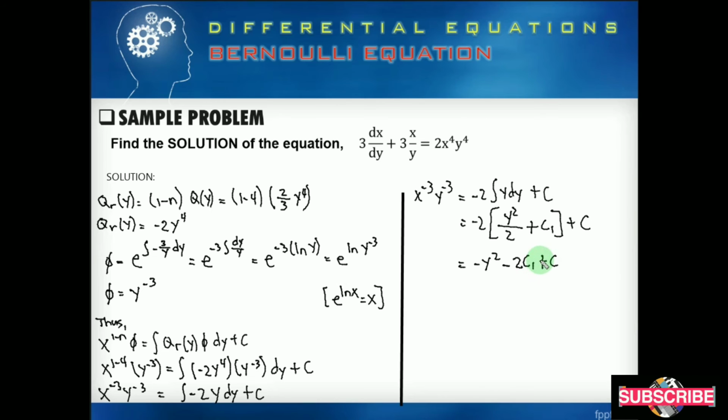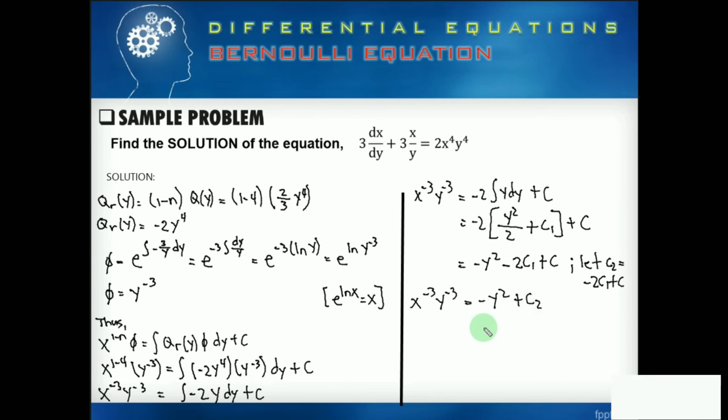Okay, so mag-delete tayo dito, delete natin yung c2 equal to negative 2 c1 plus c. Okay, so mangyayari dito is magiging x raised to the negative 3 y to the power of negative 3 is equal to negative y squared plus itong c2 natin.